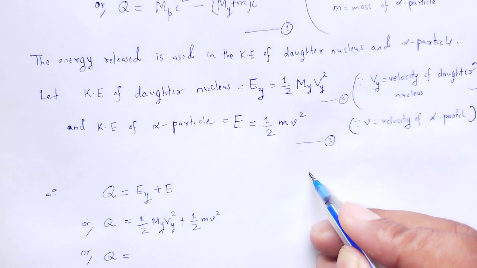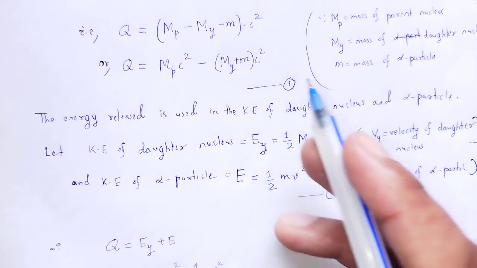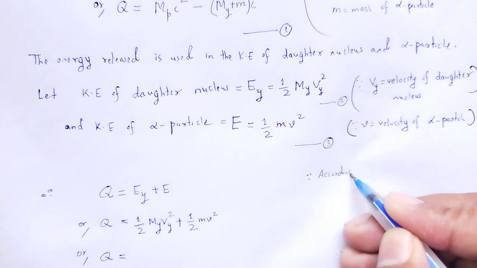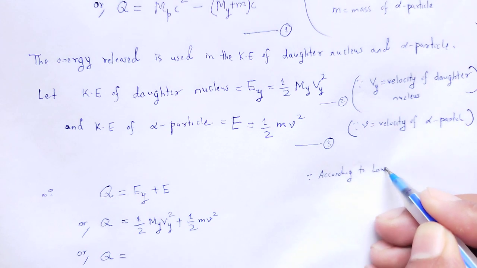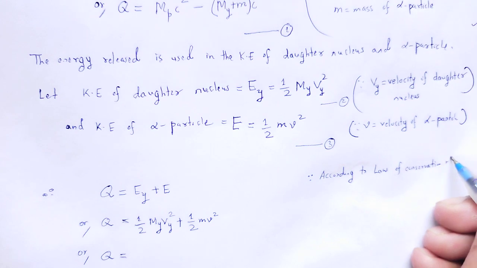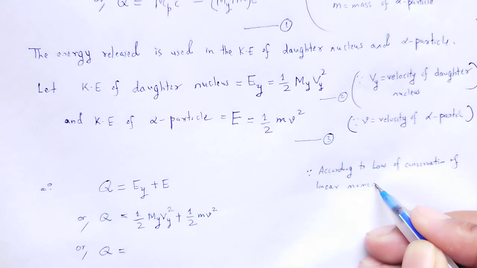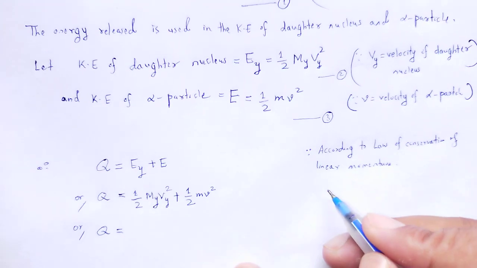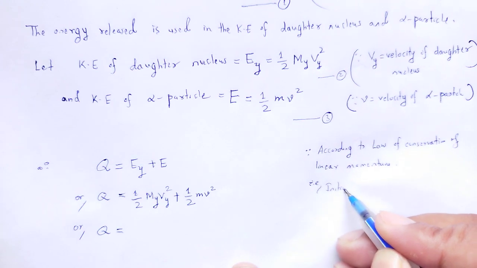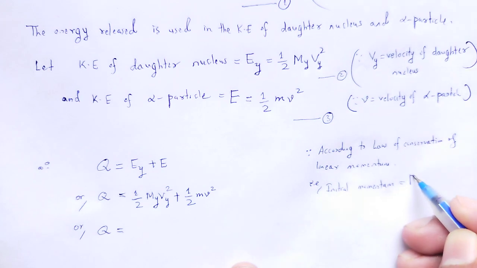Here we apply the law of conservation of linear momentum. According to the law, the initial momentum is equal to final momentum.